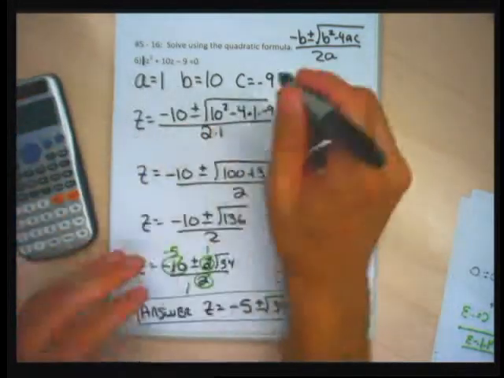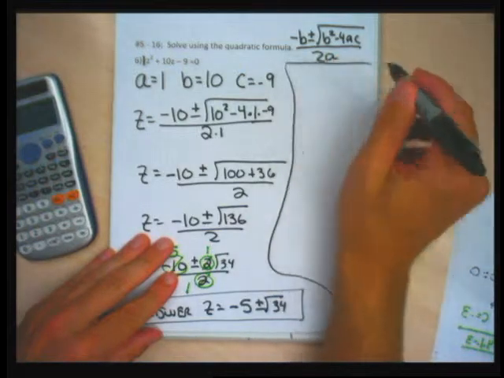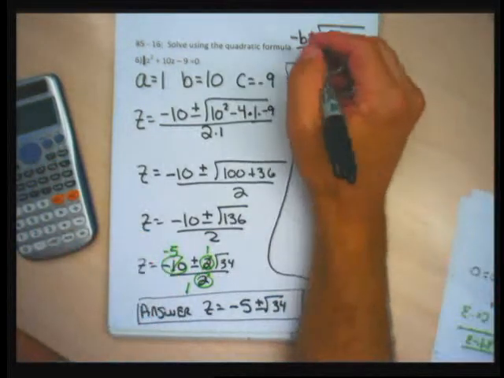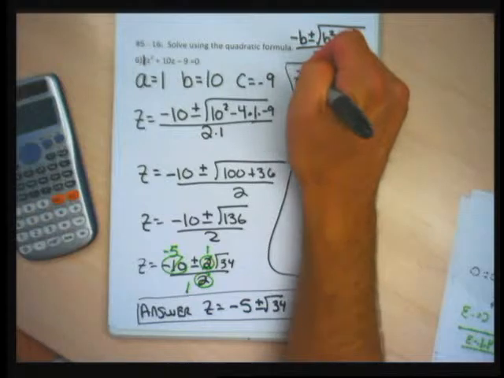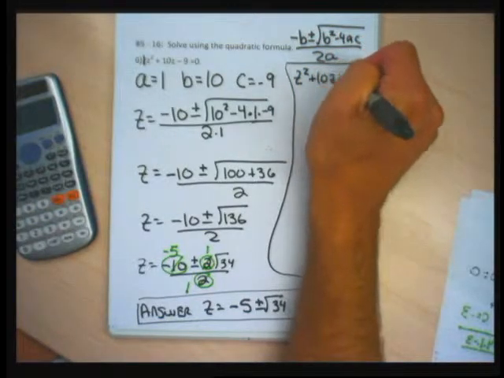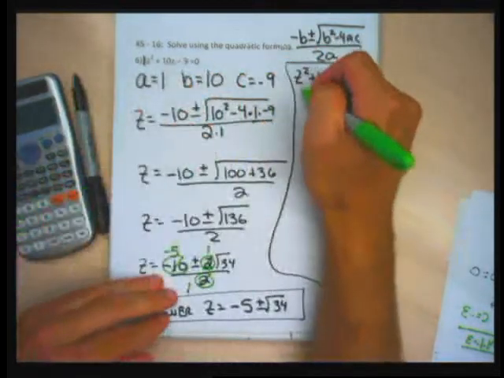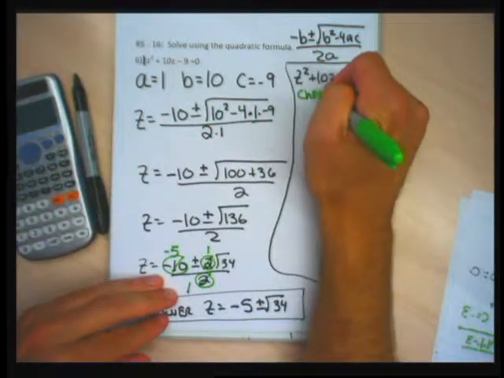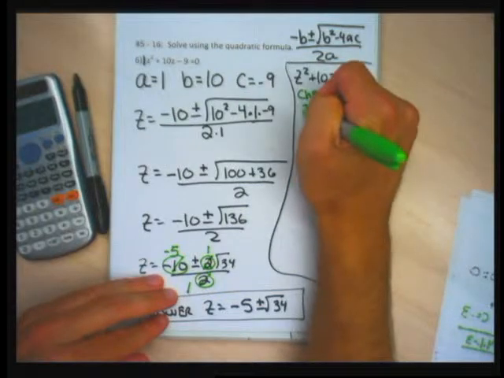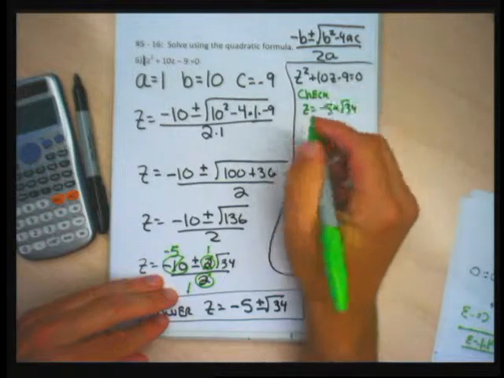Let me check it. I usually get lazy and don't check with the quadratic formula because I don't make that many mistakes when I use my calculator. But the original problem, 10z squared plus 10z minus 9 equal to 0. If I wanted to check z equal -5 plus the square root of 34, this is going to be tight.